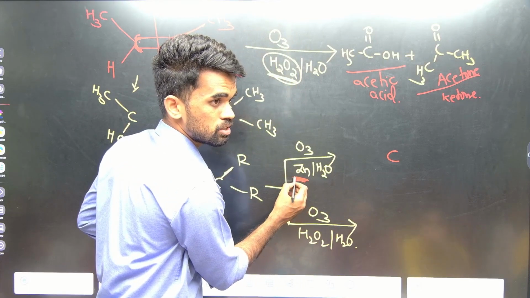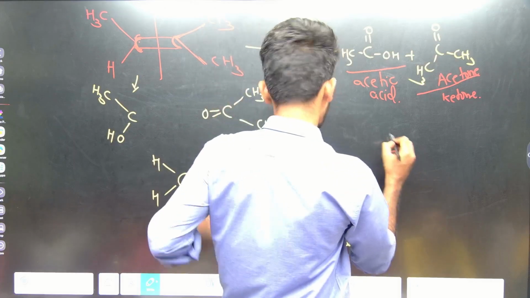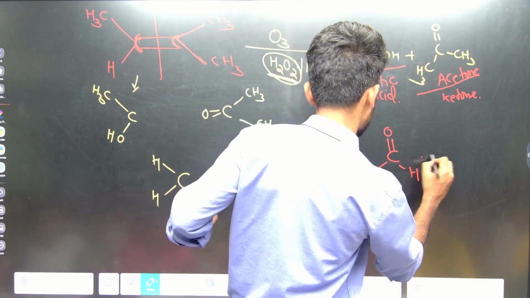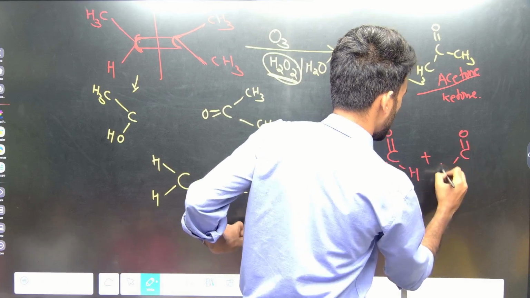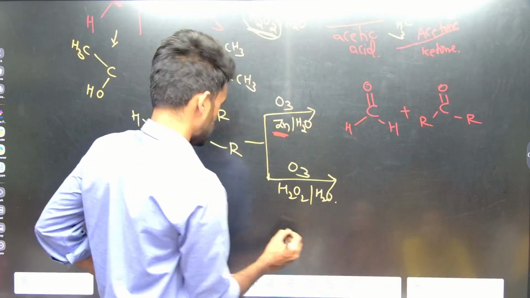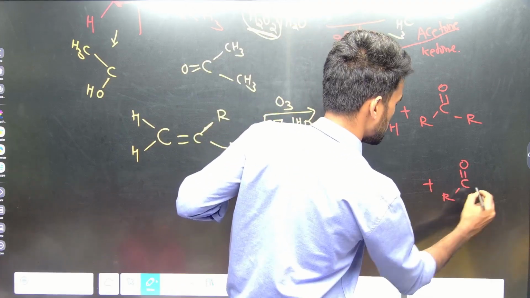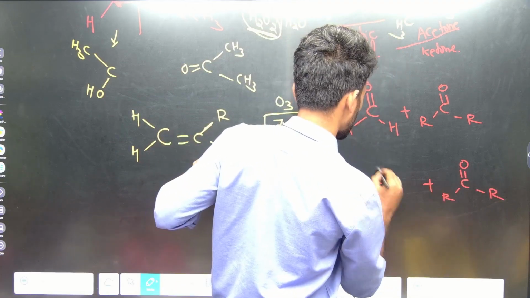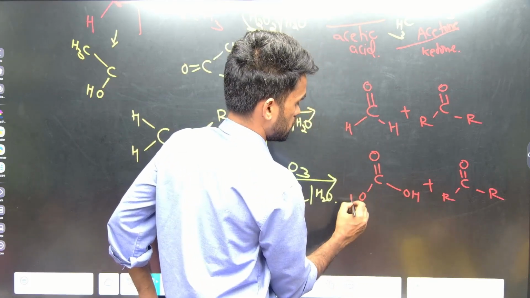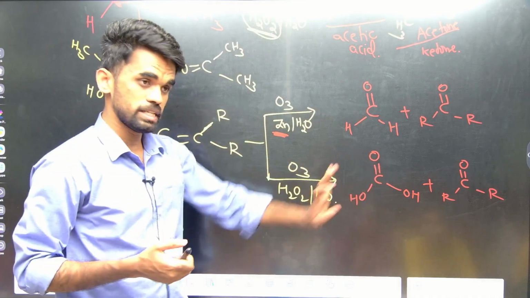Reduction or oxidation? So it means ketones, aldehydes. So break this, O, H, H. This side R, R, this R R as it is. For this one, OH, OH. Okay, this OH is there now.